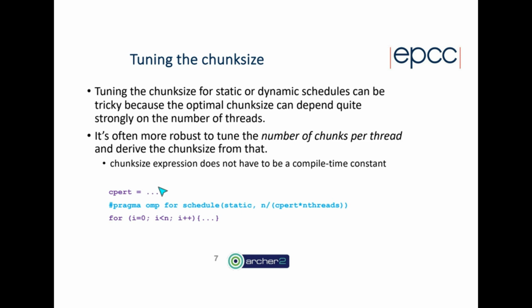So you have a variable whose value you can tune, and then you use that to derive the chunk size. That's probably a more robust parameter to tune. If you find a good value of number of chunks per thread, then that's likely to be a good value for a wide range of thread numbers.